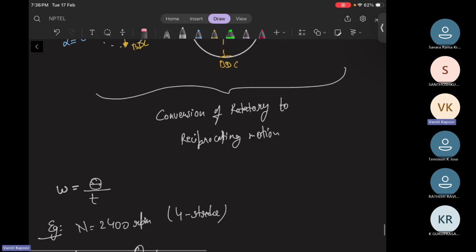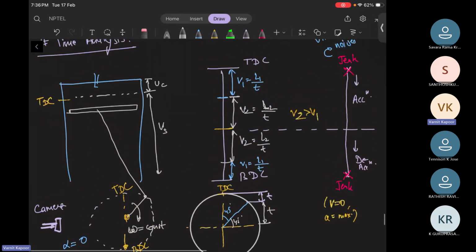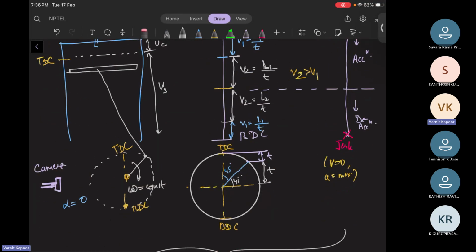First from TDC to BDC, then BDC to TDC. TDC to BDC is the suction stroke, BDC to TDC is the compression stroke. One complete revolution is 360 degrees. Then again TDC to BDC for the power stroke, and BDC to TDC for the exhaust stroke, the second 360 degrees. So for a 4-stroke engine, 2 complete revolutions happen.